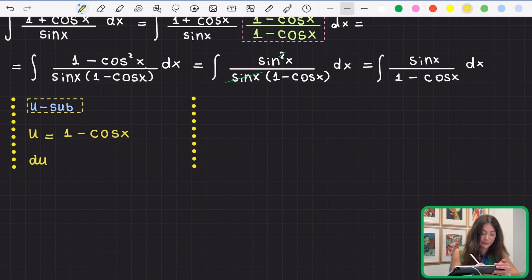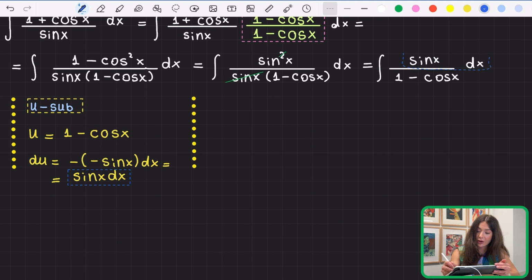Then du will be the derivative of 1, which is 0, and the derivative of cosine, and you still have that minus here, is minus sine x dx. And that is sine x positive dx. All right, I'm going to outline this.